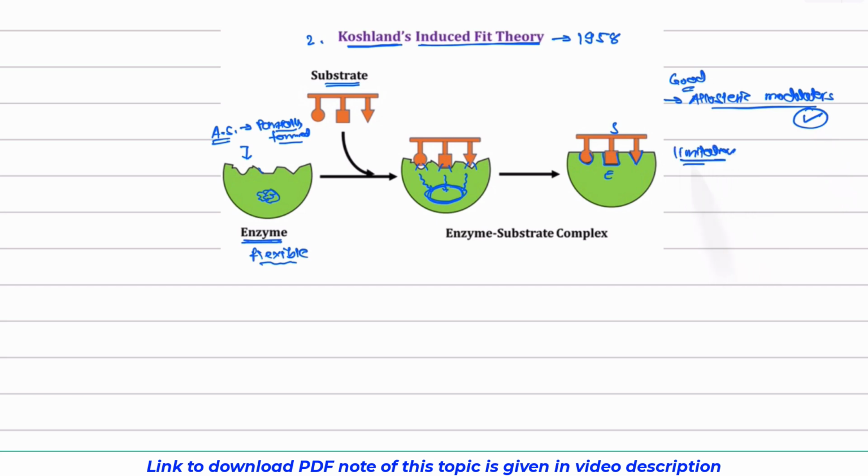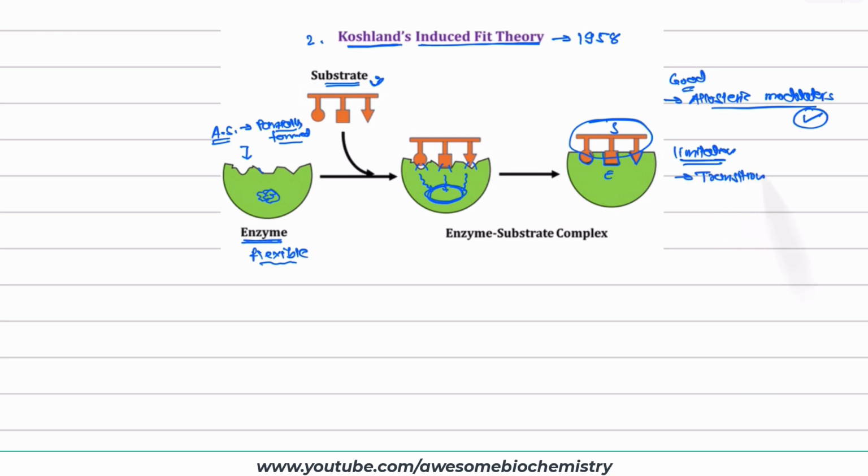What is that limitation? Just like our previous theory of Fischer's template theory, here also, as you can see, the shape of the substrate is not being changed. So the limitation is that the transition state of the substrate cannot be explained by this theory also.